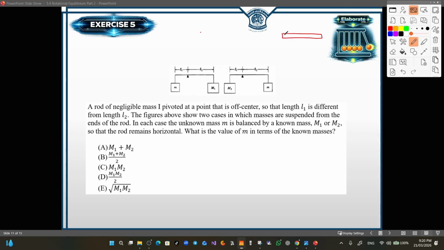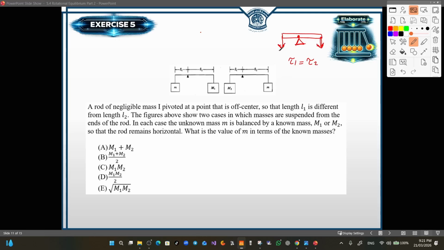Let's learn this shortcut. Whenever we have two forces acting in the same direction on a rod around a pivot point, and this rod is under equilibrium, which means we have translational and rotational equilibrium, then for the rotational equilibrium, the condition can be written as tau1 equals tau2, where tau1 is the torque due to the first force, and tau2 is the torque due to the second force.